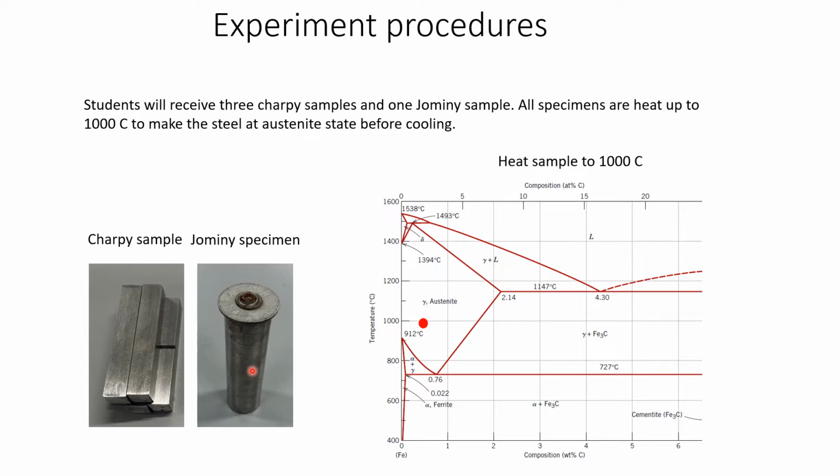Before the heat treatment, we want to heat up the sample to 1000 C. Based on the phase diagram, it's pretty safe to say that at 1000 C, the steel material is in the austenite state. Then we're going to apply different heat treatment methods at different cooling rates to manipulate the mechanical and microstructural properties of the steel.